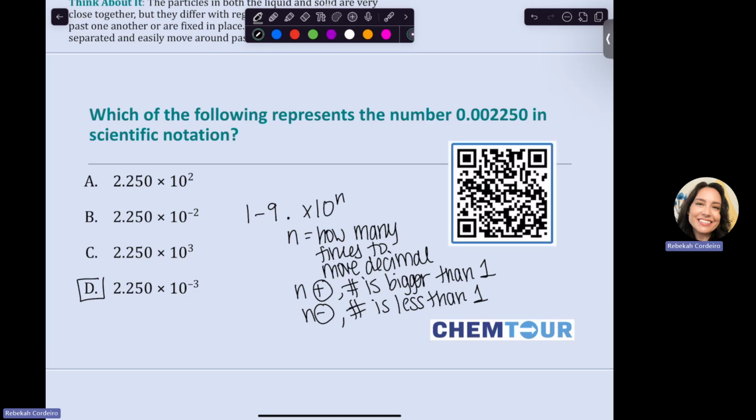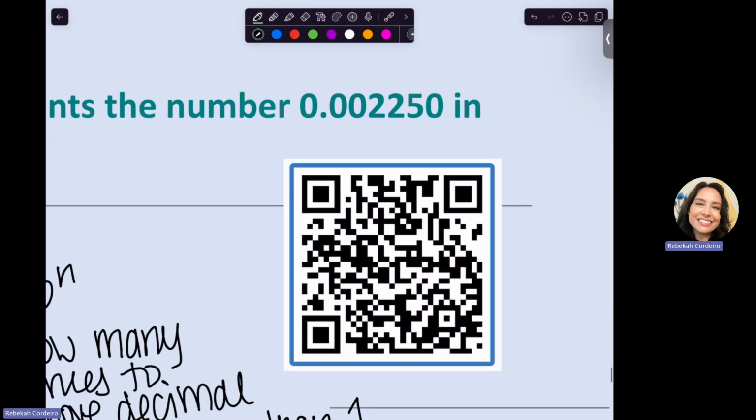So let's look at this one. We need to move our decimal to be right here because we need one number to the left of the decimal, 1 through 9. If I have the decimal here, that's 22, and that's bigger than 9, so I can't have the decimal there. So I'm going to count how many times I have to move the decimal to get it there: 1, 2, 3 times. So the n is equal to 3.